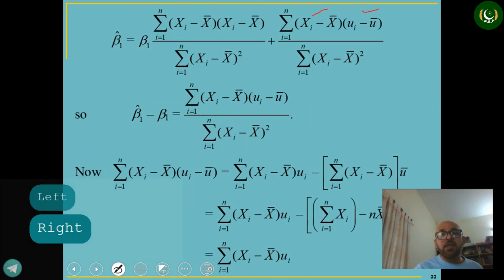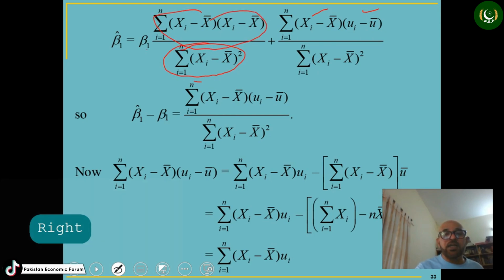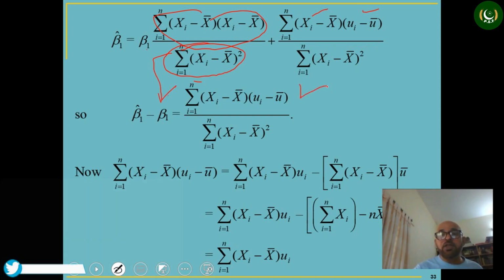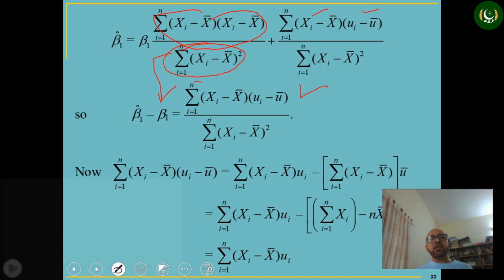This is the sum of xi minus x bar square, and this is xi minus x bar square, so these will cancel out. We take beta 1 on the left hand side, and we are left with this one. In many textbooks it's written that x are pre-assumed fixed values, which we are not assuming.